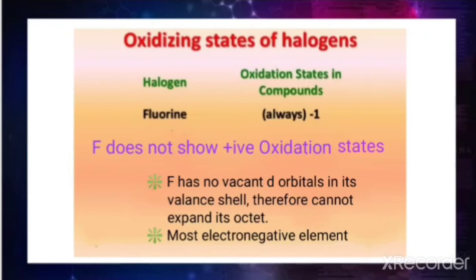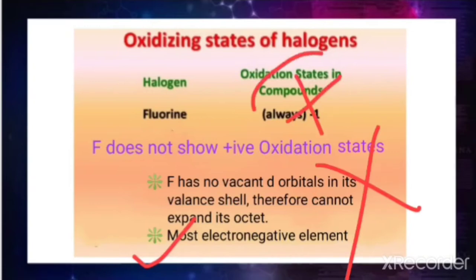So this is the reason for the anomalous behavior of fluorine, that is due to the smaller size, due to the absence of vacant d orbital, and because it is the most electronegative element. That is also an important point. It is the most electronegative element, so it will never form the positive oxidation state.